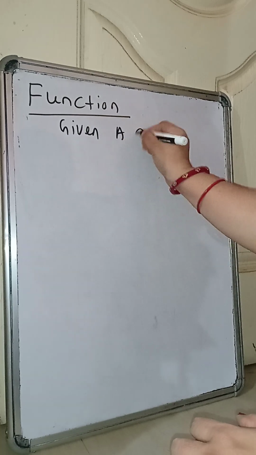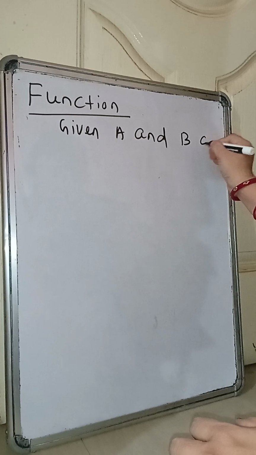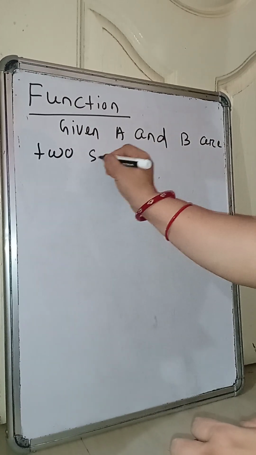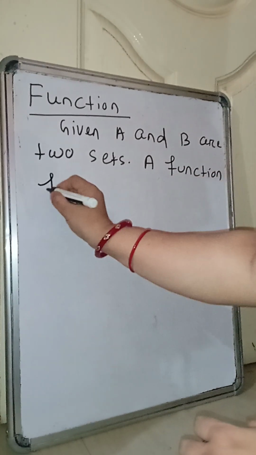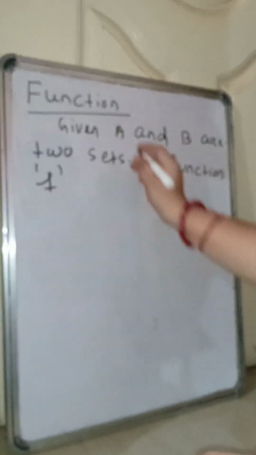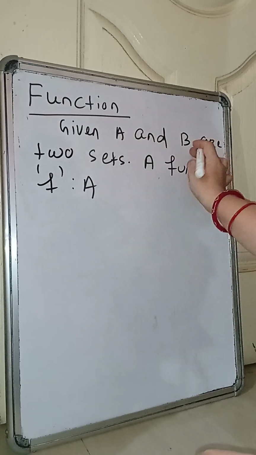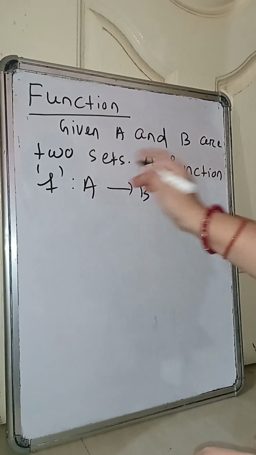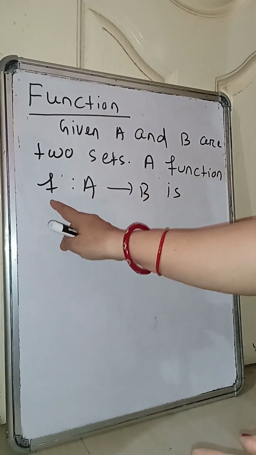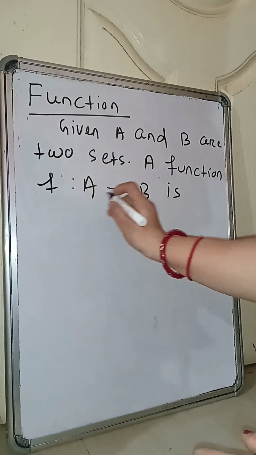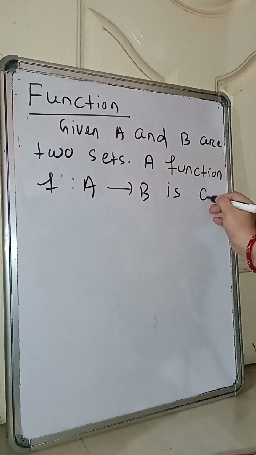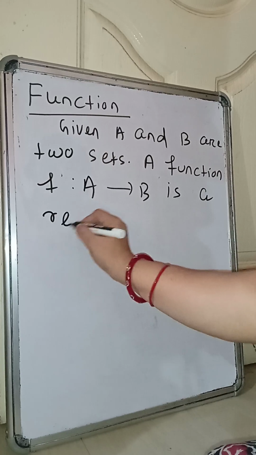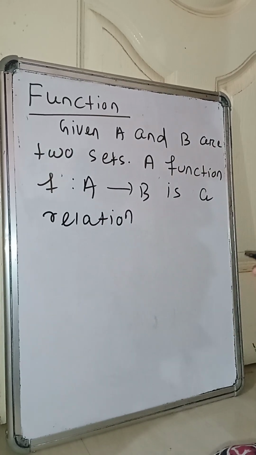Let us take two sets A and B. A function f, symbolically f: A to B, we will read it as f from A to B. A function f from A to B is a relation. Which type of relation is it?